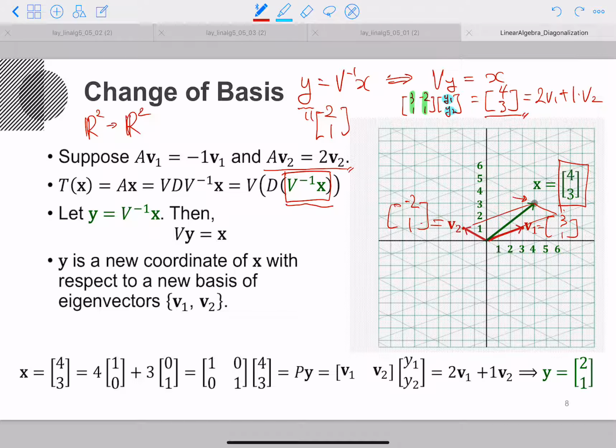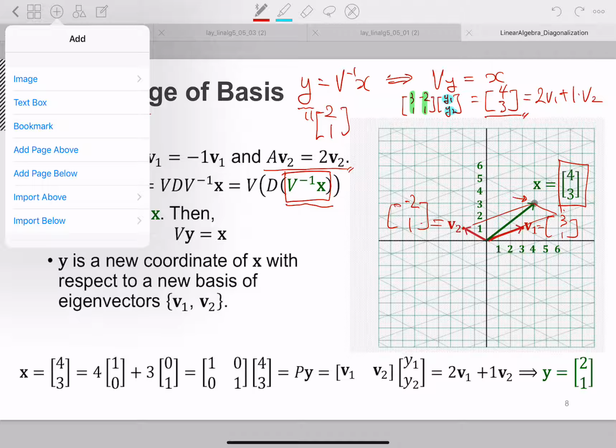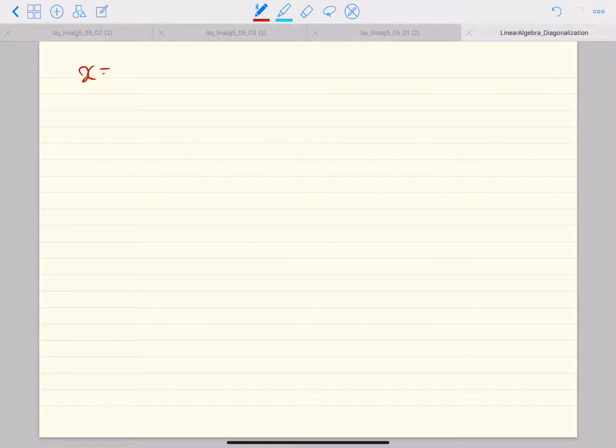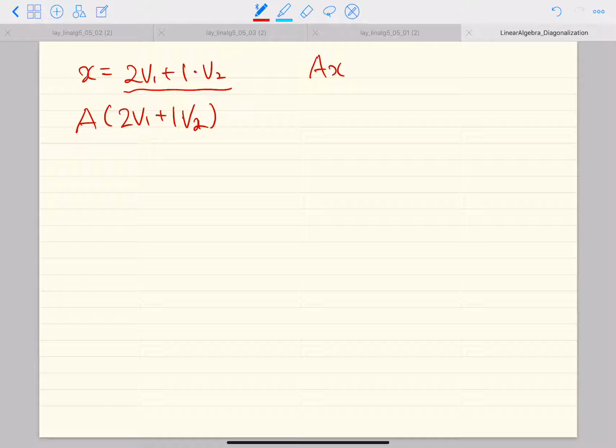Let me give a high-level overview of this transformation. Once we represent X as the linear combination of our eigenvectors, let's think of AX, the linear transformation defined by the matrix A. First performing the linear combination and then applying the linear transformation defined by A will be the same as first performing the linear transformation on these two vectors and later linearly combining them.